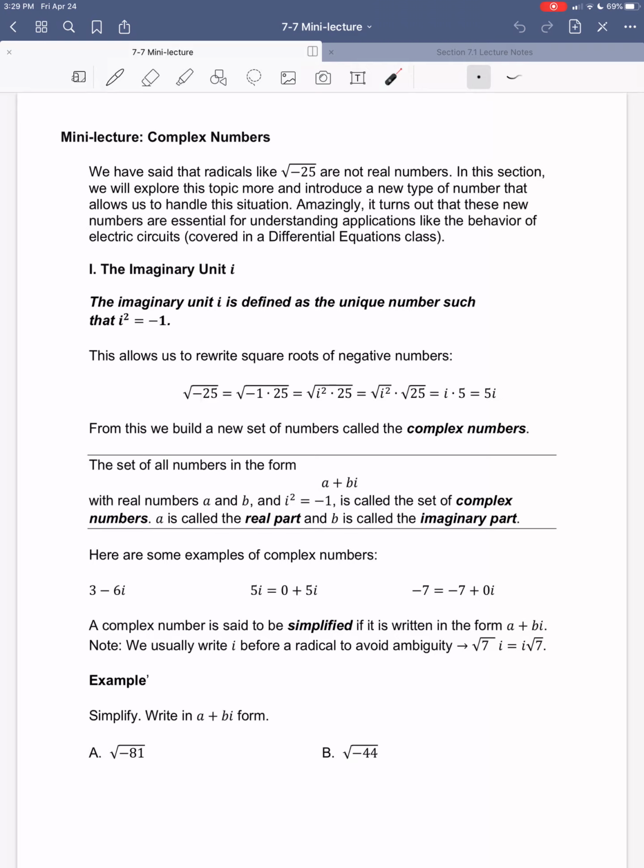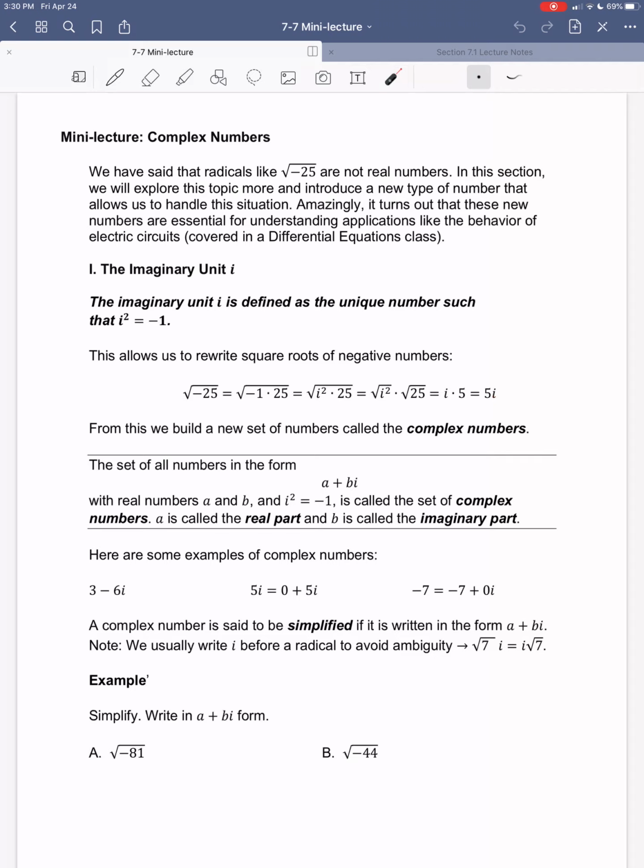So instead of negative 25, I can say that's negative 1 times 25, but then instead of negative 1, I can replace it with i squared. And then the square root of i squared is just i. And so we say the square root of negative 25 is just 5i. So essentially the square root of 25 is still 5, it's just when I have a square root of a negative, an i gets tagged onto it.